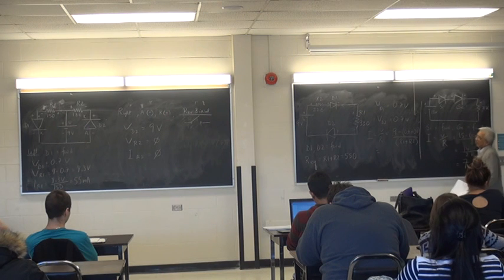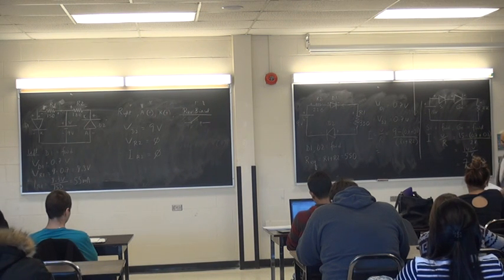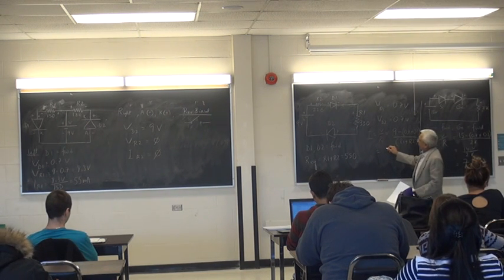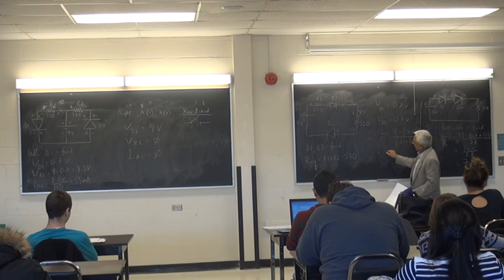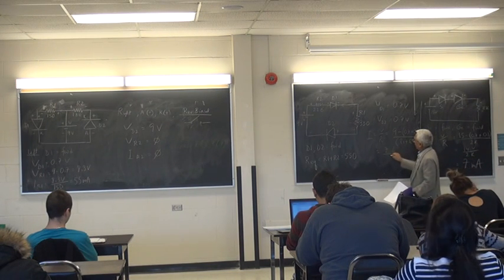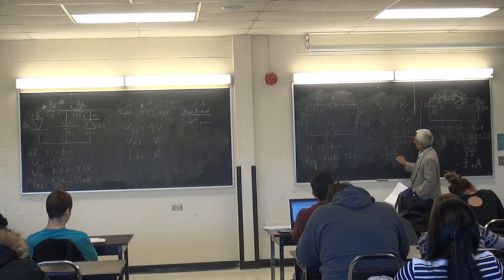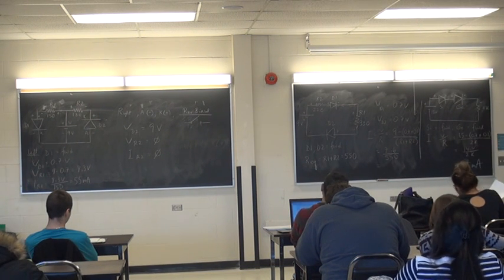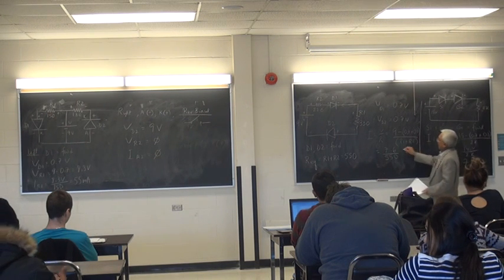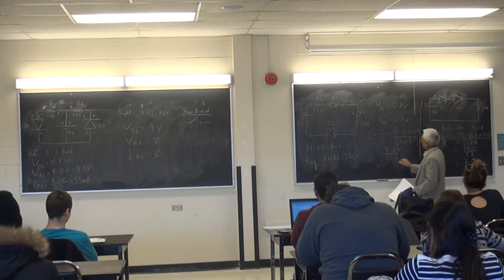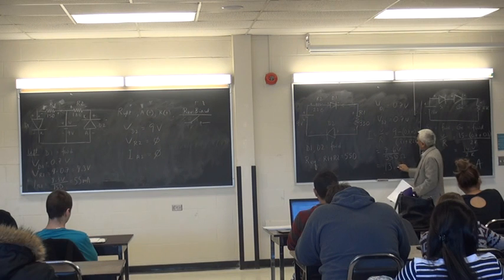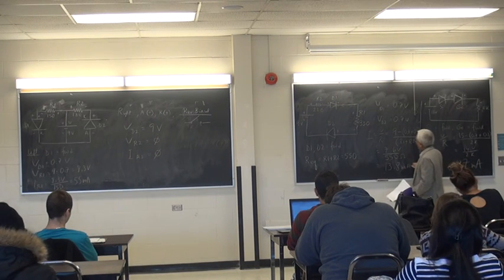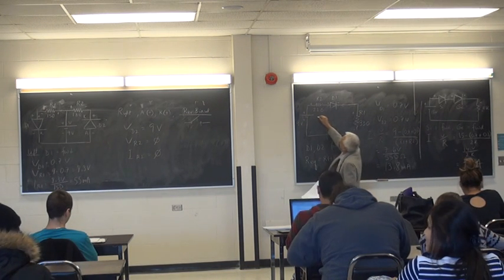So in the circuit, the current is 9 minus 1.4, which is how much? 7.6 over 550. 13.8 milliamps. So that's the current flowing in this circuit.